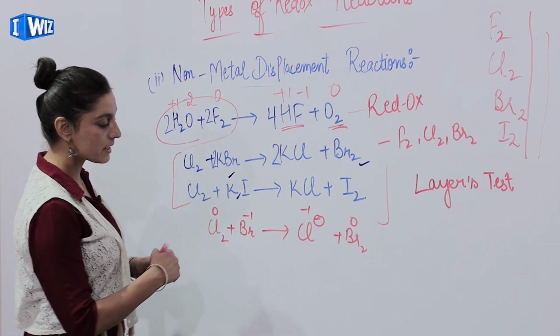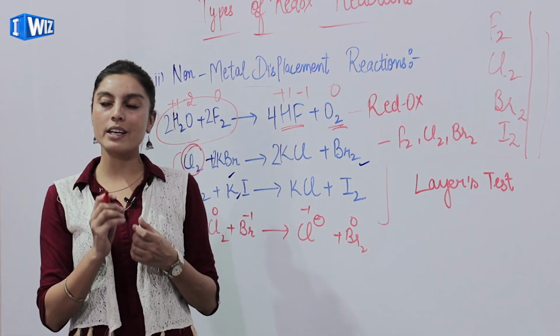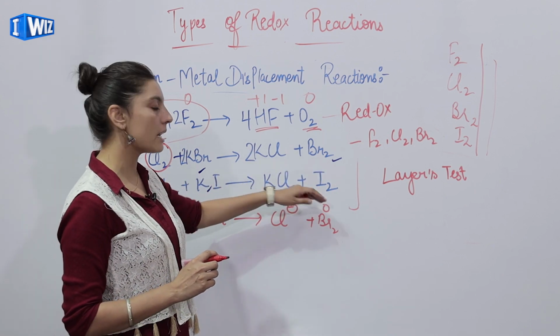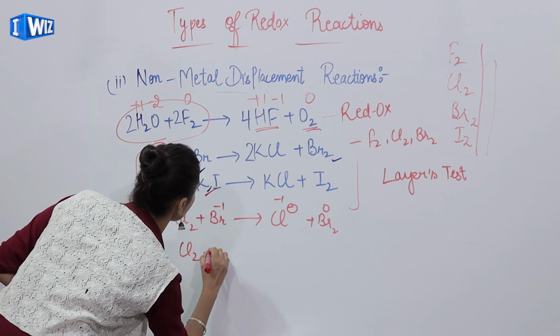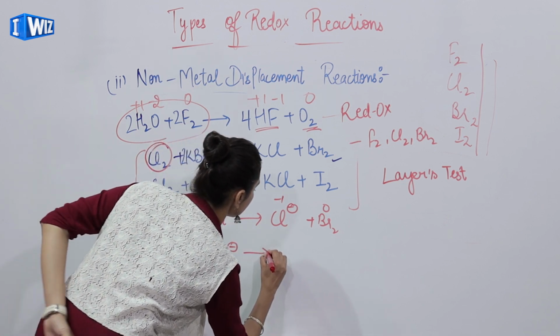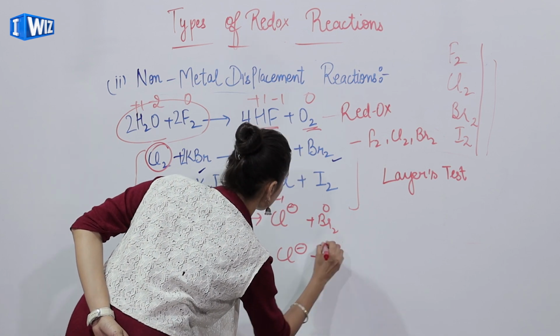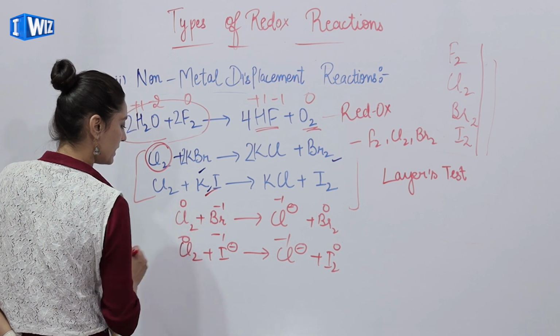The reason being, we see that chlorine is easily able to displace bromine and iodine, giving us elemental bromine and elemental iodine. Here in the second reaction we have chlorine plus iodine, I negative, Cl negative, fine, and I2. 0, -1, again -1 over here and 0.